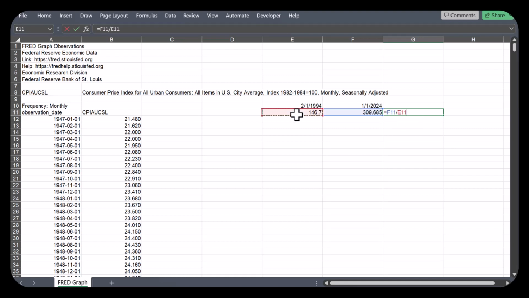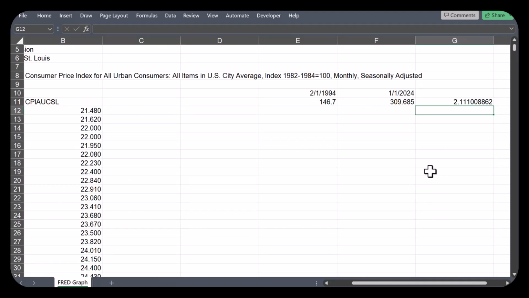It's kind of a cumulative factor. It basically says in the last 30 years, in terms of inflation, what $1 bought in 1994 can be bought with $2.11 now. Or if you have $211 in 1994, that would have been equal to $100.